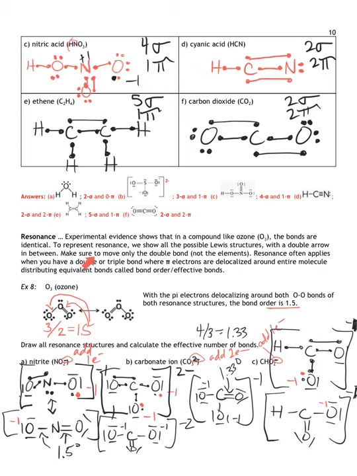You're trying to re-represent the same structure, okay? So what is the effective number of bonds? I'm going to do all the bond orders. This one's 1 bond order, and we use the degrees symbol for the bond order. This is 1.5 bond order, and as is this between the carbon and oxygen. So those are your bond orders.